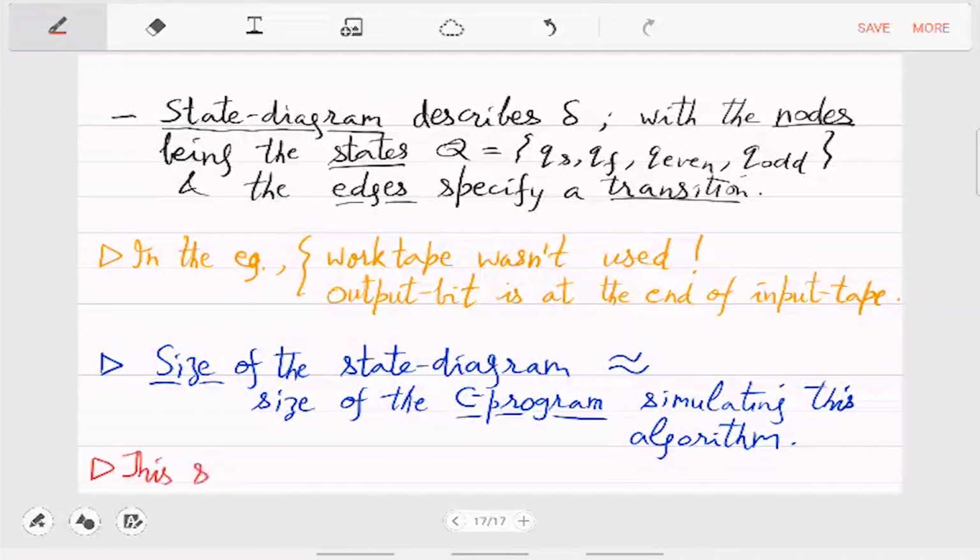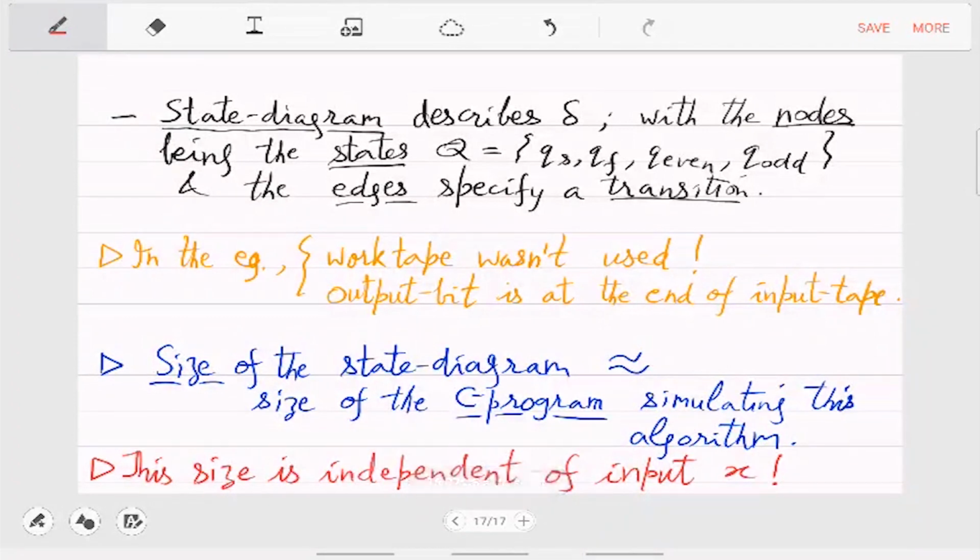This size is independent of the input. Once you have written the C program, it does not matter what the input is, your input can be arbitrarily large. So in the future, when there will be a bigger computer, bigger hard disk, the same program can run with bigger inputs.